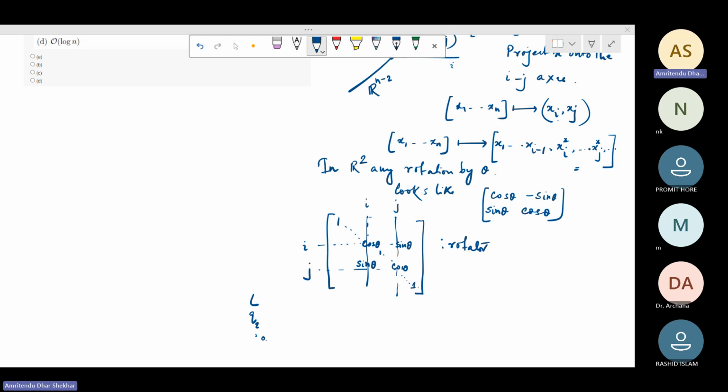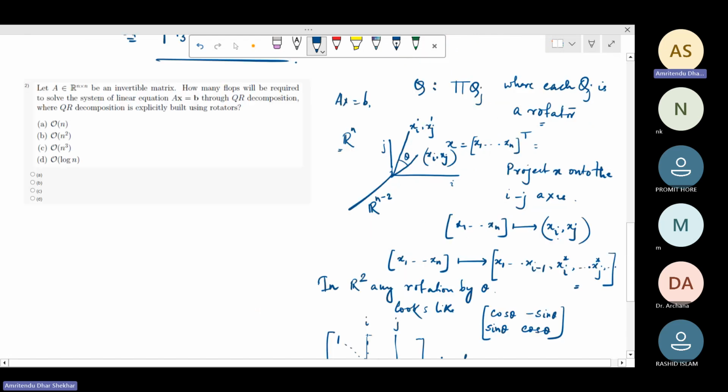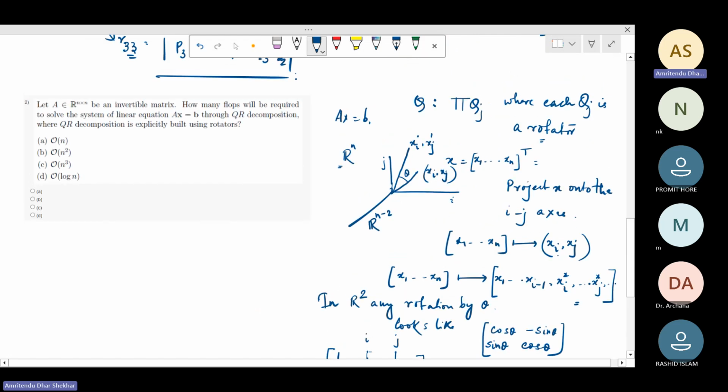So it has this effect of rotating by this angle theta.